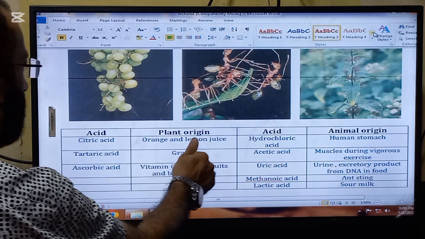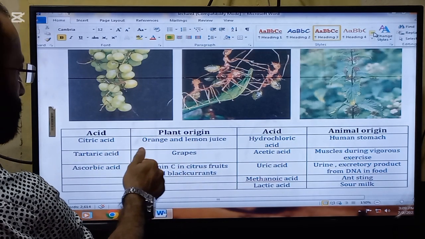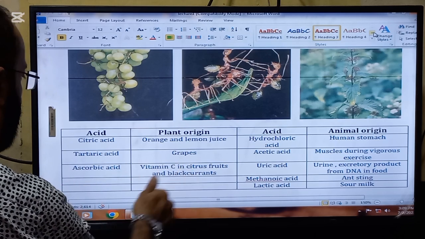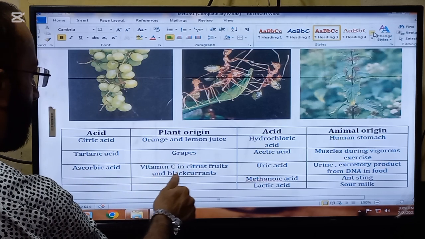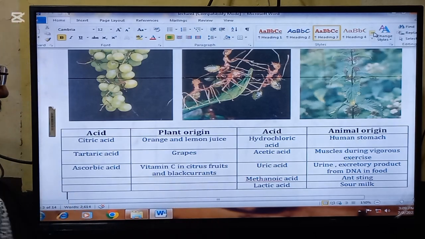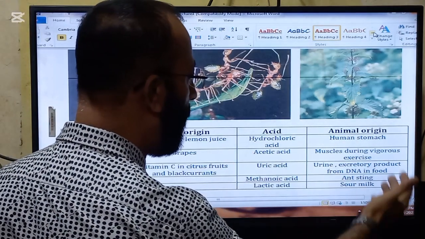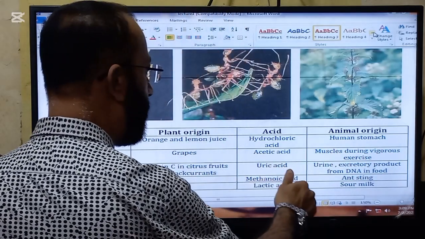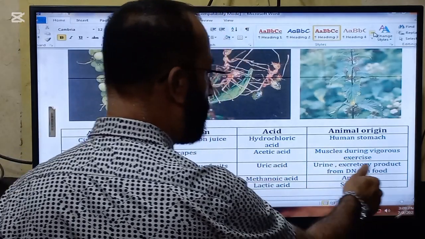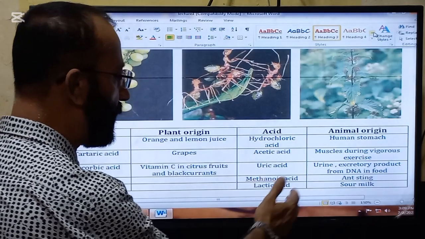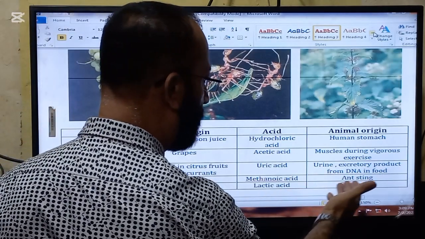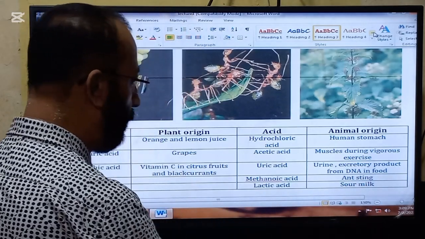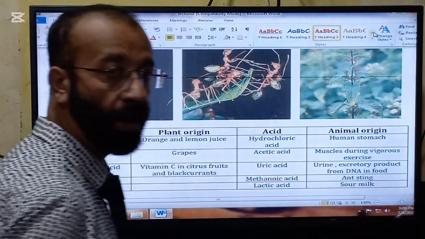Acids obtained from plants: citric acid, from oranges and lemon juice; tartaric acid, from grapes; and ascorbic acid, from citrus fruit like blackberries. Acids obtained from animals: hydrochloric acid in the human stomach, acetic acid in muscles during vigorous exercise, uric acid in urine, an excretory product from the DNA in the food, methanoic acid in ant stings, and lactic acid from sour milk.